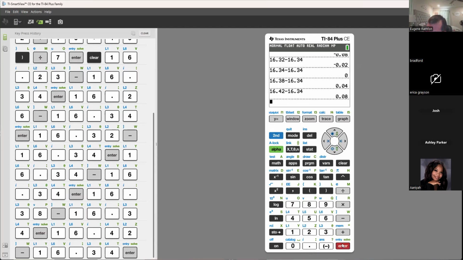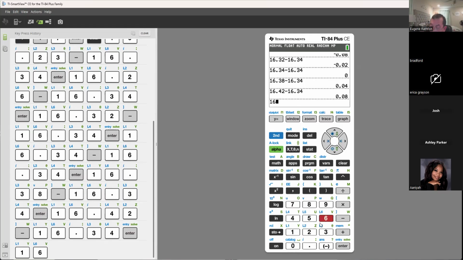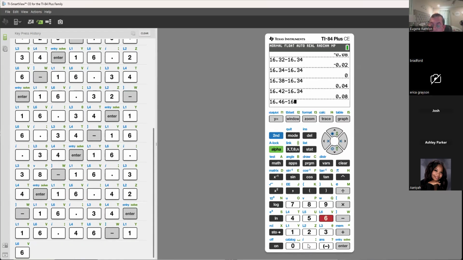And we get a 0.08. And then finally, the last point was 16.46 minus our mean of 16.34. And that last point gives us a 0.12. All right, y'all, so let me go back to the page.